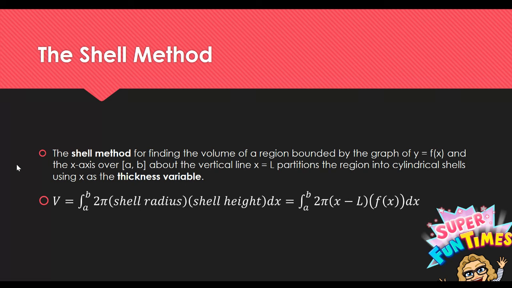So our volume equation is the integral from a to b of 2 pi times the shell radius, which is x minus L, which is whatever your vertical line is, times the shell height, which is your f of x equation, dx. So let's dig in.